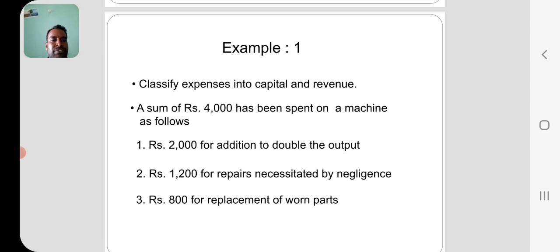A sum of rupees 4,000 has been spent on a machine as follows: 2,000 for addition to double the output, 1,200 for repairs necessitated by negligence, 800 for replacement of worn parts.